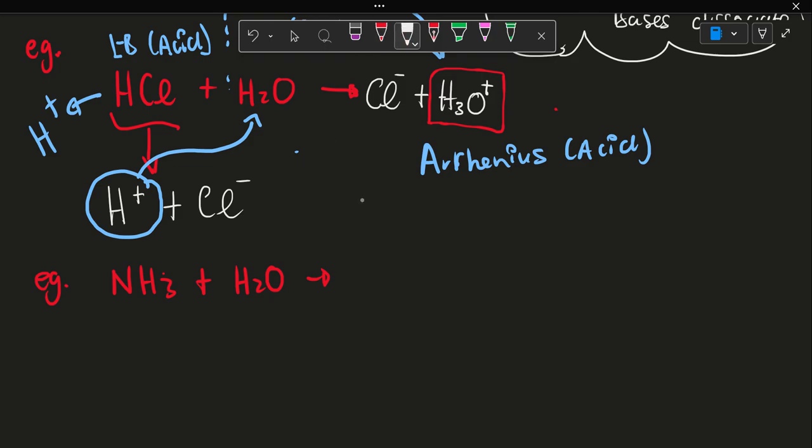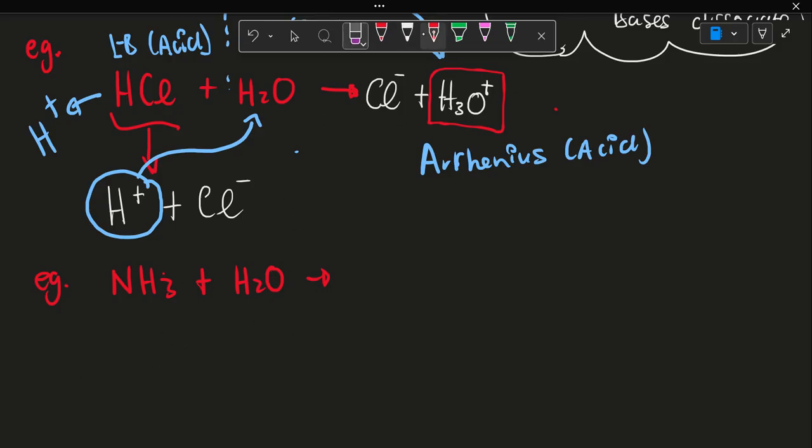So ammonia being the base, which is, by the way, a weak one, remember that bases dissociate. Ammonia does not fully dissociate, so it is not expected to form N3 minus plus 3H plus, because it is a weak base.